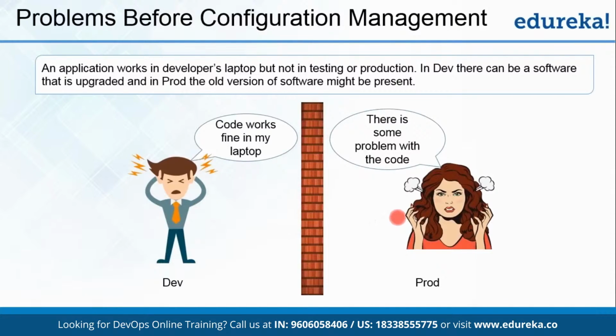Now when it reaches production, since they are using the older version of MongoDB, which is not compatible with the application that developers have built, it won't work properly. There might be certain functions which won't work in the production environment. So there is an inconsistency in the computing environment due to which the application might work in the development environment, but in production it is not working properly.